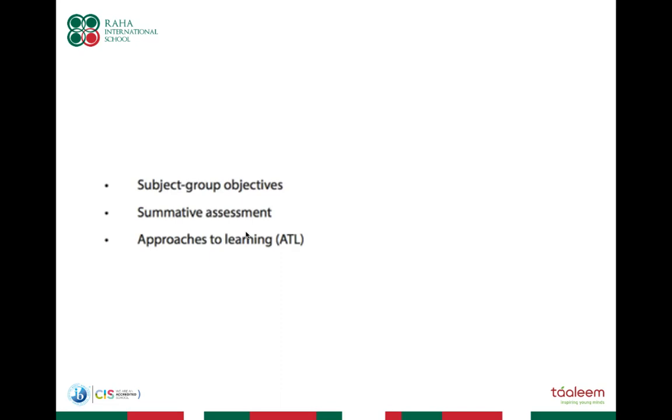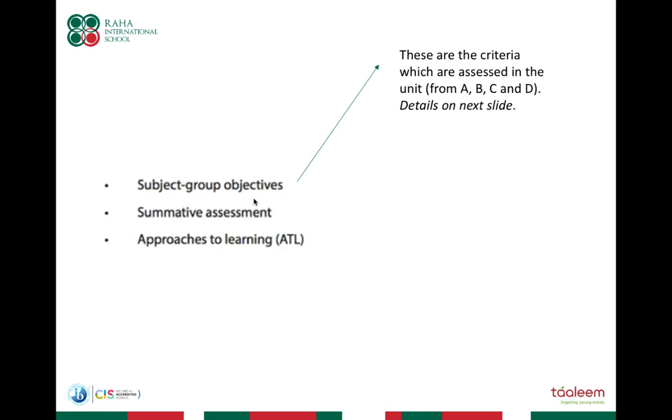Now, in addition to those aspects of the inquiry part of the unit, we also have these 3, which you might remember from the list: subject group objectives, summative assessment, and approaches to learning. So very briefly, the subject group objectives are basically the criteria, so A, B, C, and D, which we'll see the details on the next slide.